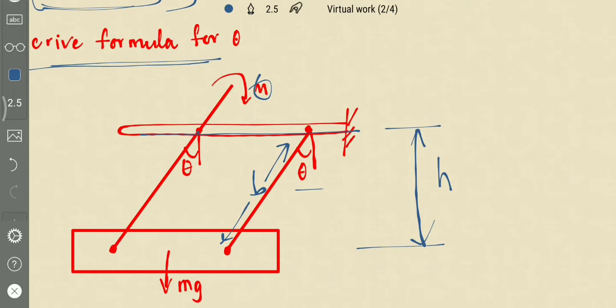If a moment is applied, we have seen that a small displacement is taken to analyze this type of problem. In reality the displacement is not there, but this is a virtual work method, so a small displacement should be considered.